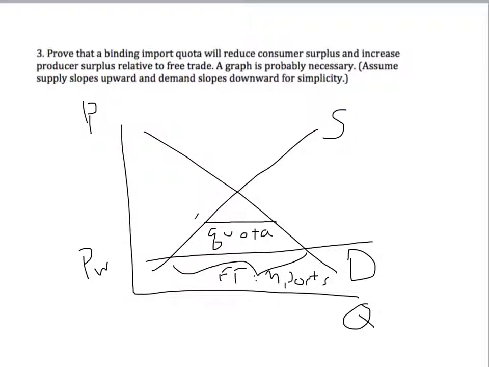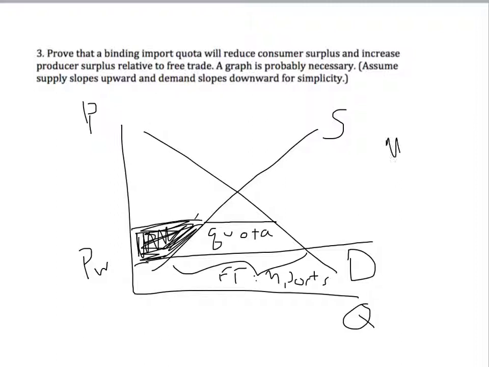And we're asked to show that consumer surplus decreased and producer surplus increased. Well, we can just label the increase in producer surplus on our graph and our decrease in consumer surplus, and then everybody's happy. So this area here, as we can see, the price is higher and the amount that the producer sells is more.